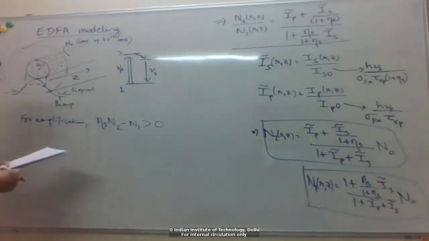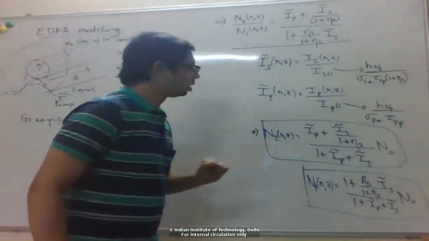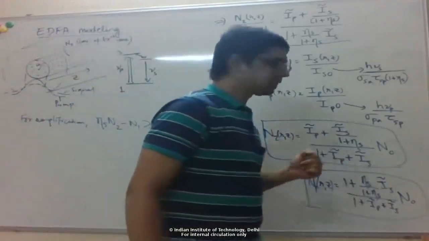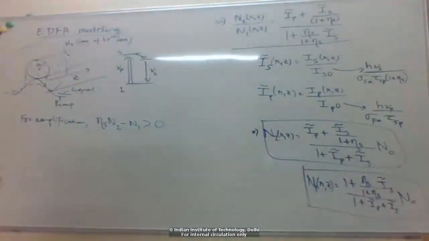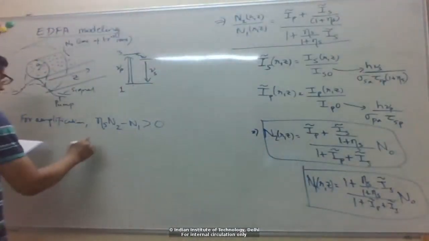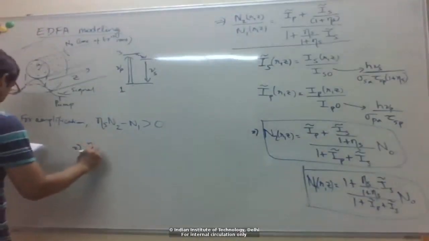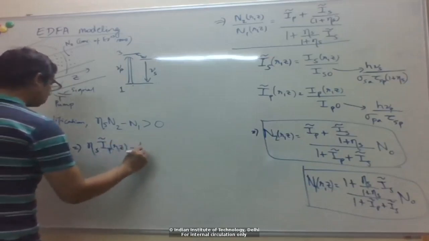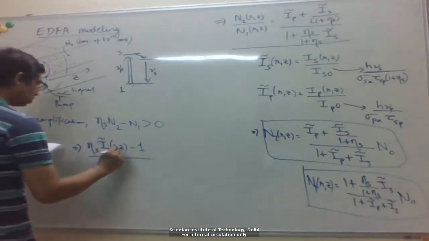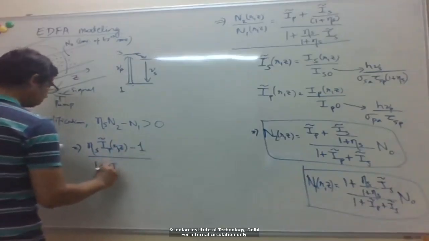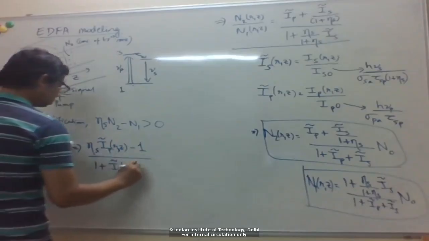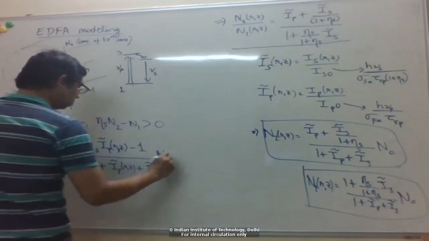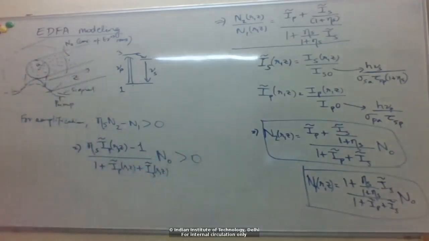Right, so now we can put the expressions for N2 and N1 from here, right, and then we can get a condition in terms of the intensity of the pump, for example. Okay, so we get this condition.